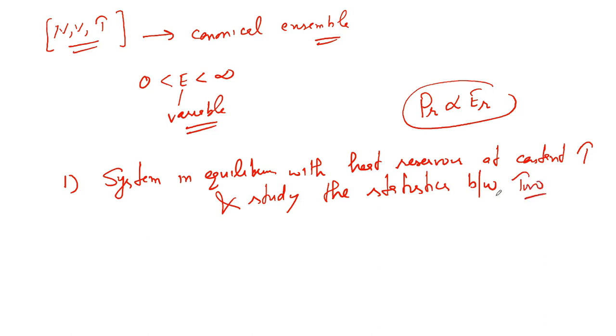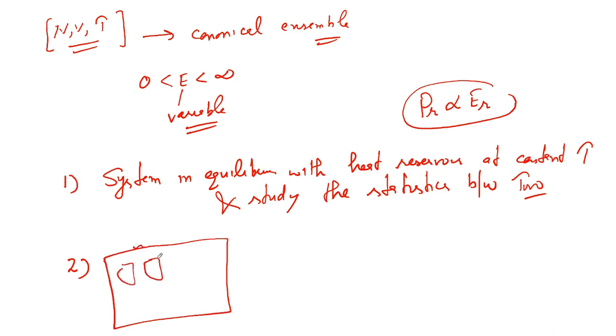And the second way through which we can determine this relation between P_r and E_r is by regarding a system as a member of a canonical ensemble, in which the energy is being shared by n identical systems. If we keep a large number of identical systems within a system, then we will check how these systems exchange their energy with one another.